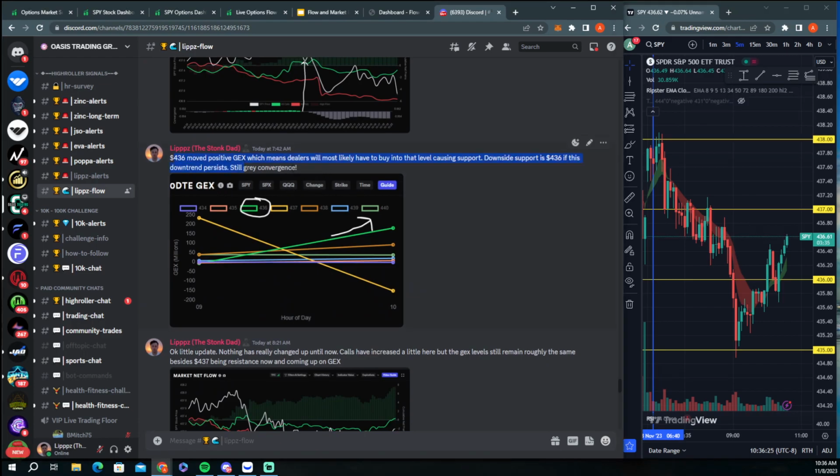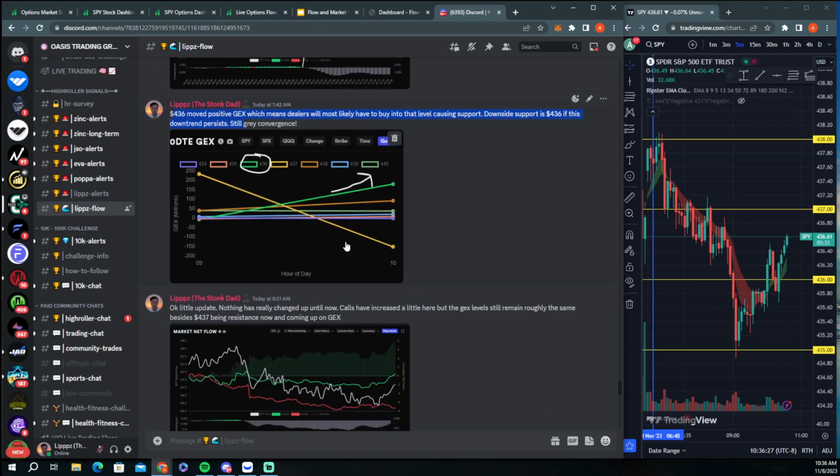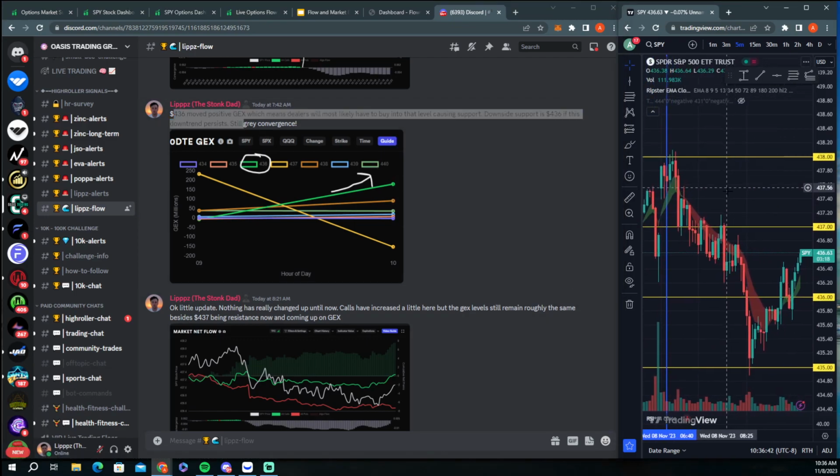So right here, I use both of these. I use the bar chart as well as the line one. The line chart is a little bit better because you can see how these gamma exposure levels move over time. So you can see that the 436 level went positive. So that was going to be a good support level if we move down to that level. And then the 437 level was the one that went negative.